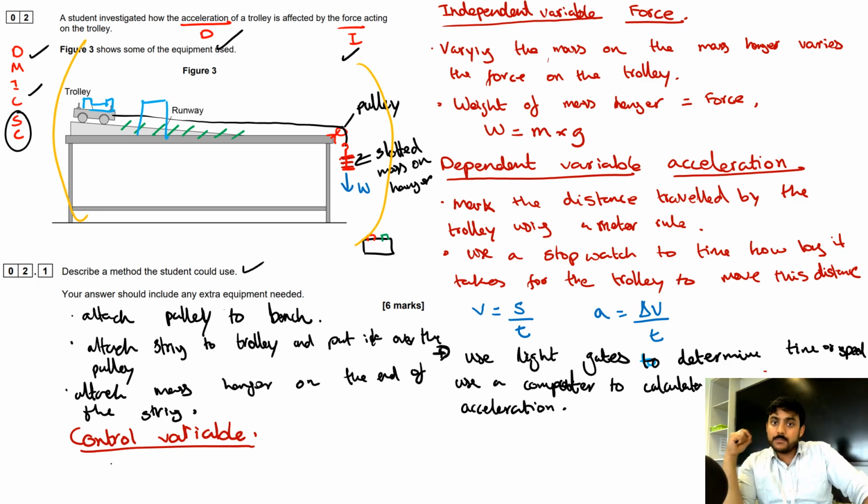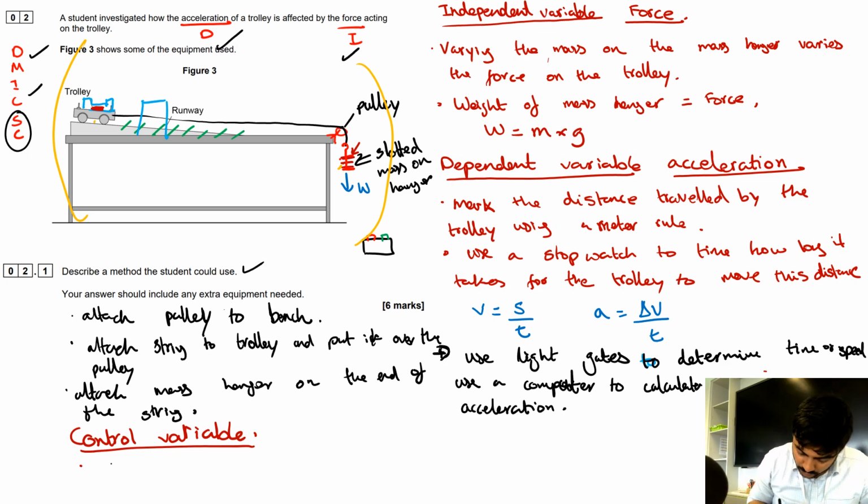If I take the slotted mass off the mass hanger and put it at the side, then I am removing it from the system. The mass of the whole system is the mass of the trolley added to the mass of the mass hanger. So how would we control it? Well, every time I remove a slotted mass from the mass hanger, I should put it onto the trolley. Every time I remove one mass from here, I should put it here. That's it.